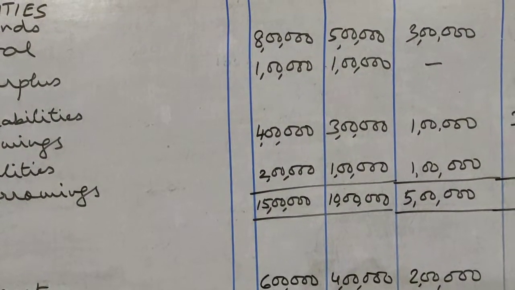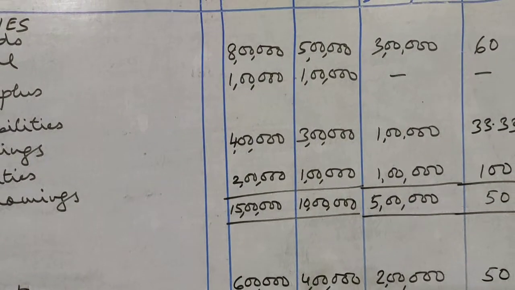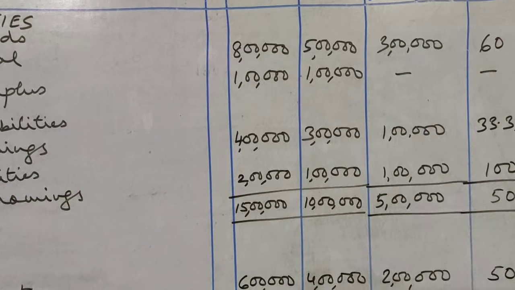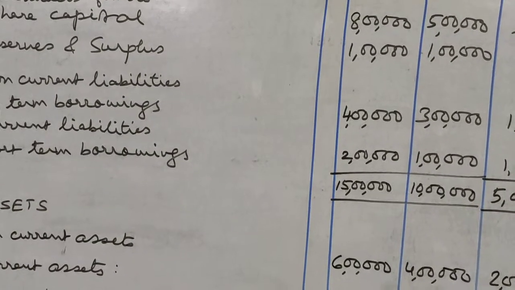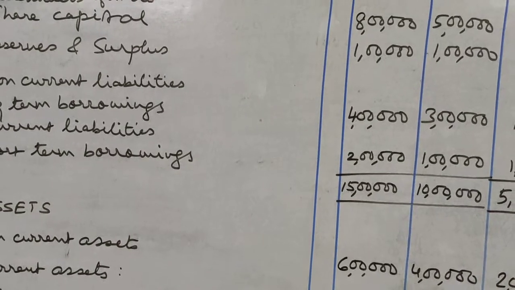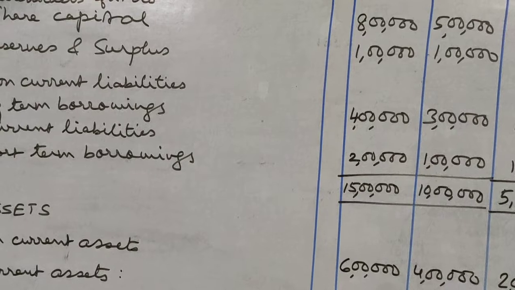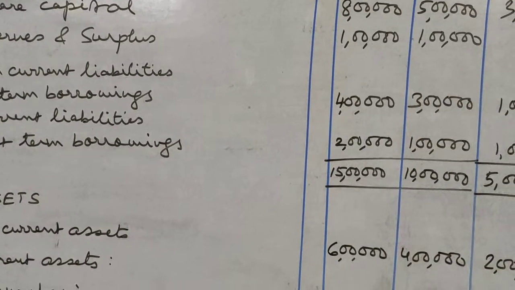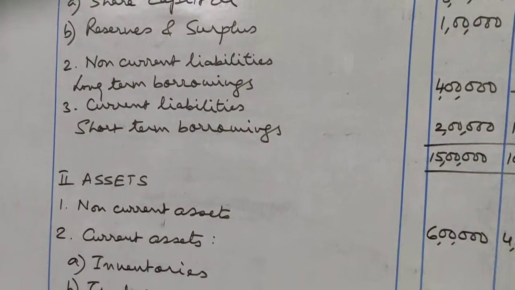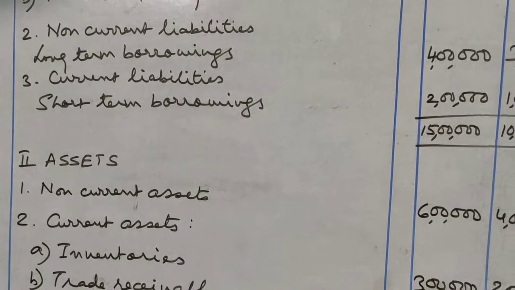You have revenue from operations, then add other incomes, that gives you total revenue, then less expenses. What are the expenses? Cost of materials consumed, purchase of stock in trade, changes in inventories of finished goods, work in progress and stock in trade, employee benefit expenses, finance costs, depreciation and amortization expenses, and other expenses. That gives you total expenses.